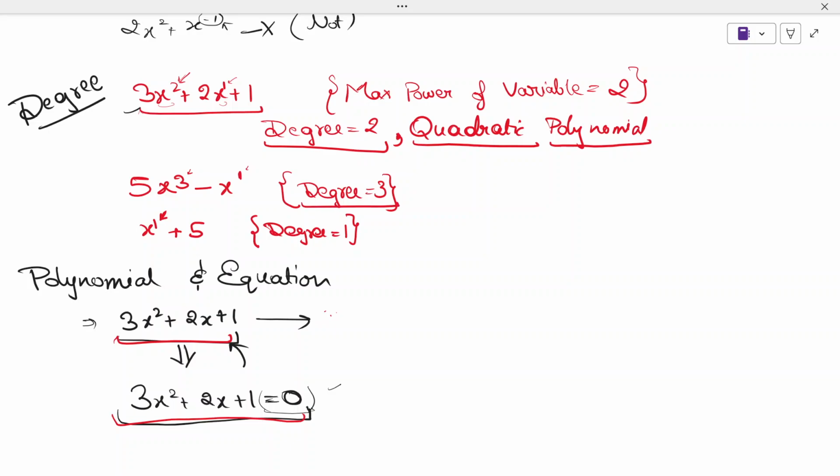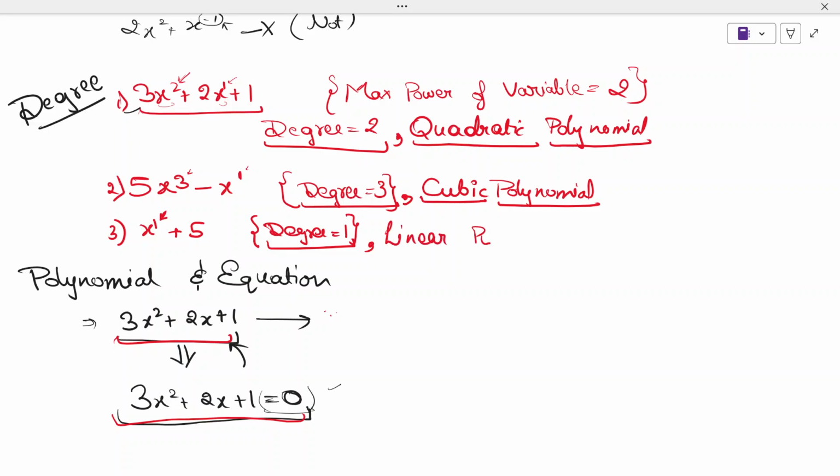Degree 3 types of polynomials are known as cubic polynomials. And degree 1 types of polynomials are known as linear polynomials. Now, these are the names of these polynomials. This is a quadratic polynomial, this is a cubic, and this is a linear.